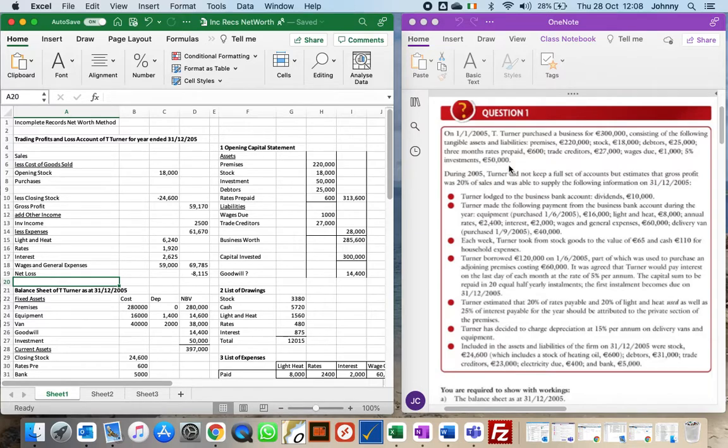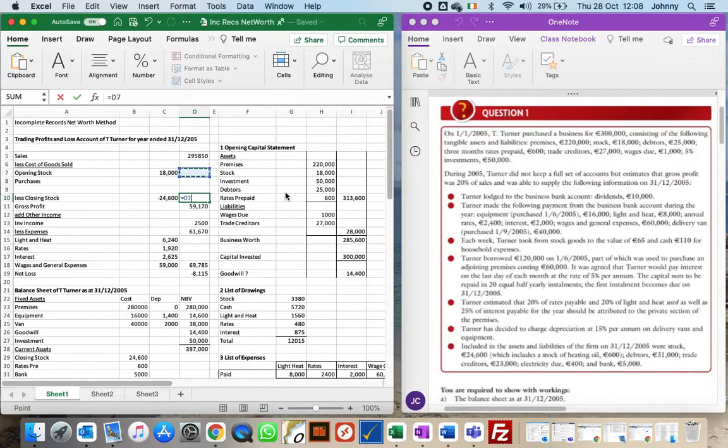And this is where we go to the second paragraph here in the question. The gross profit is 20% of sales. So if this is 20% of sales, well, sales must be this number divided by 0.2 or divided by 20%. So that's my sales figure. And then from that, I should be able to work out what my cost of sales is.